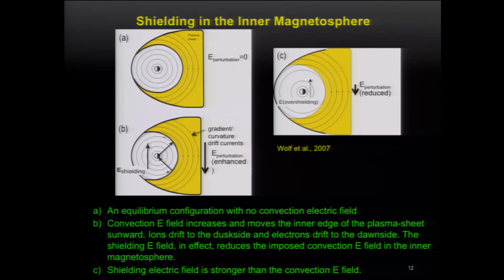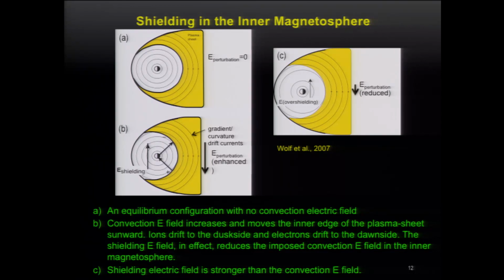The electric field established by this charge separation is called the shielding electric field. It's pointing from dusk to dawn, in the opposite direction to the convection electric field. So in the inner magnetosphere region, the total electric field, which depends on the sum of those two, can be reduced.